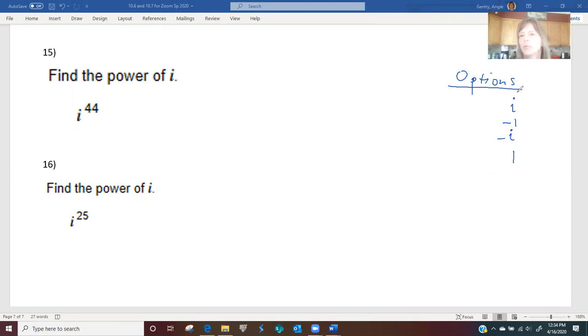Those are your 4 options, because the square root of negative 1 is i, and then i squared was the negative 1, and i cubed was the negative i, and i to the 4th is a 1. And I told you, memorize the first 2, and then you'll be fine. But these are your options.